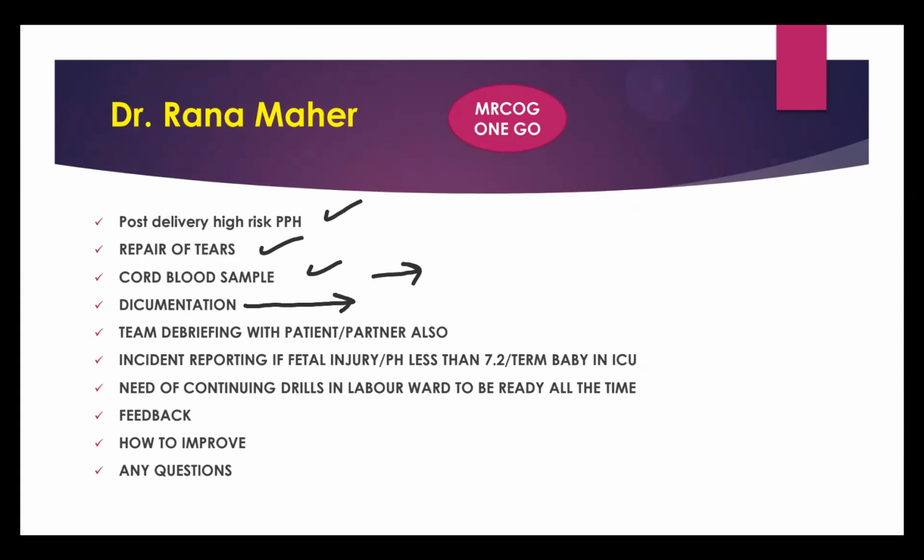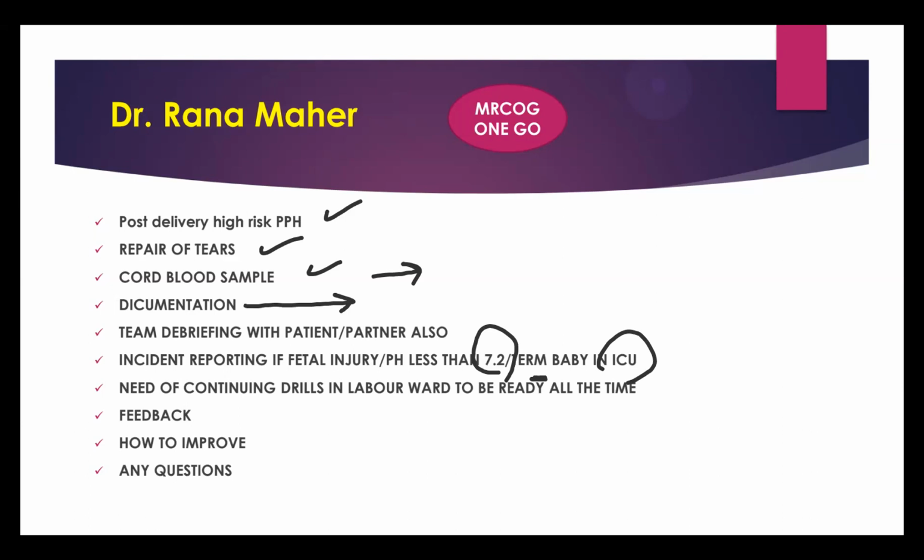One of the patient safety, one of the medico-legal points: team briefing with patient and partner. Incident report if fetal injury happened, or pH less than 7.2, or baby in the ICU. And we need to do skills and drills in the labor ward or in the department about how to manage shoulder dystocia.